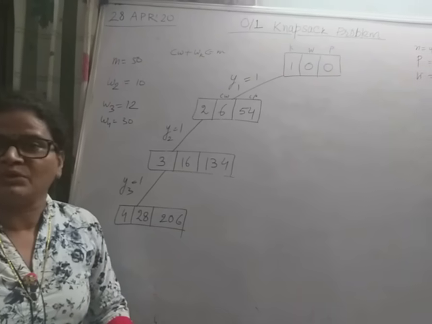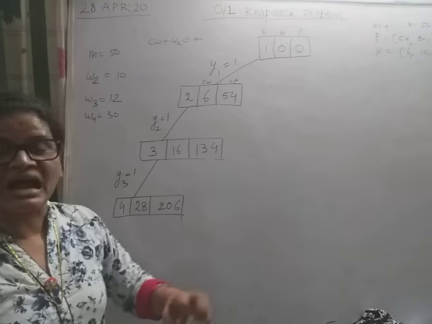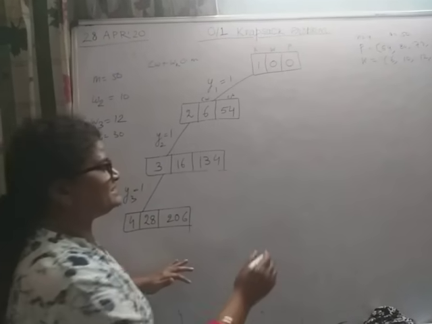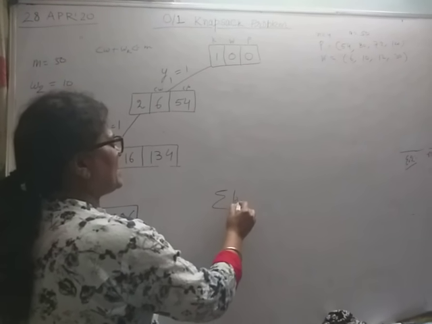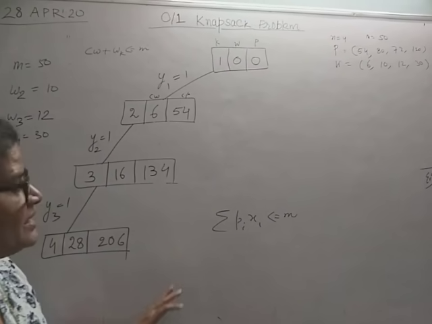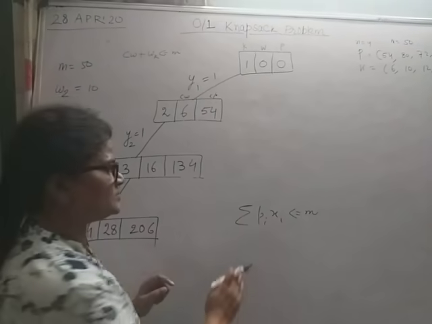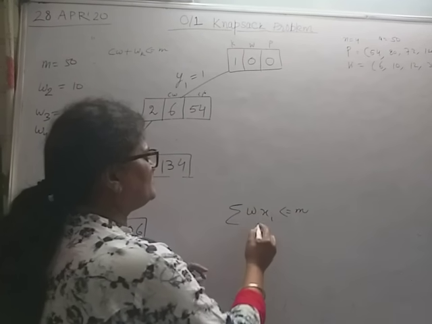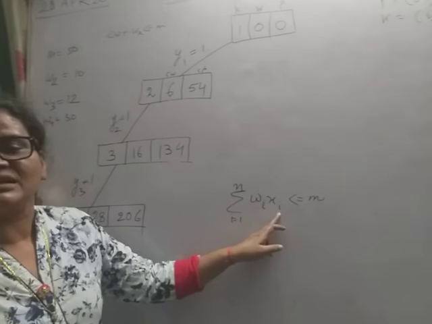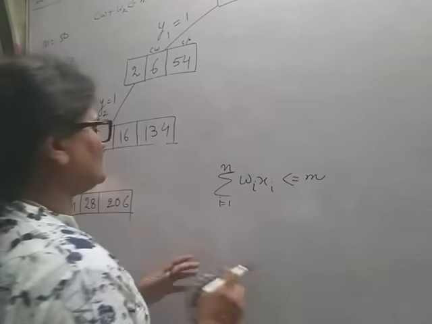All the leaf nodes for which the condition summation of pi xi, with sum of wi xi, i equal to 1 to n, less than or equal to m, are feasible, but we have to find only one leaf node.